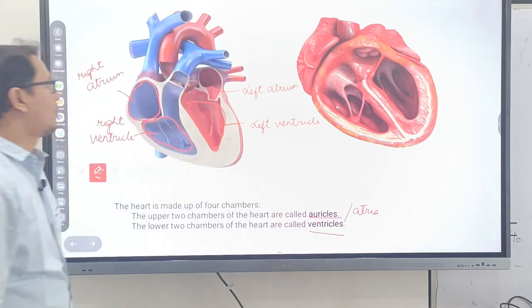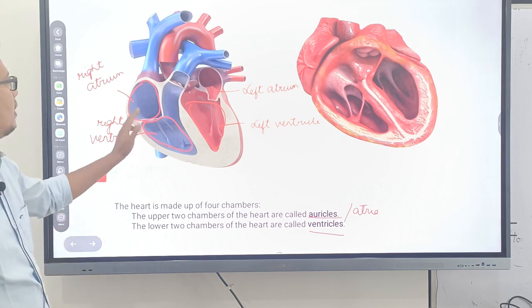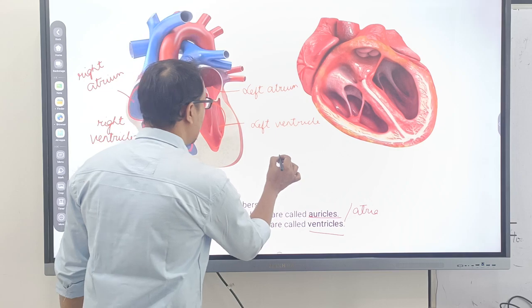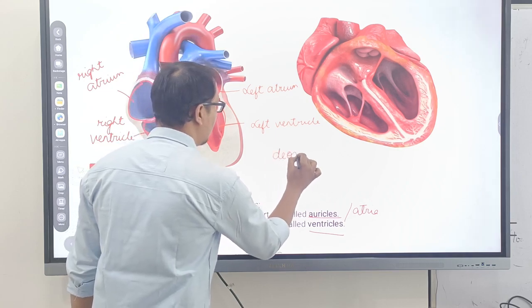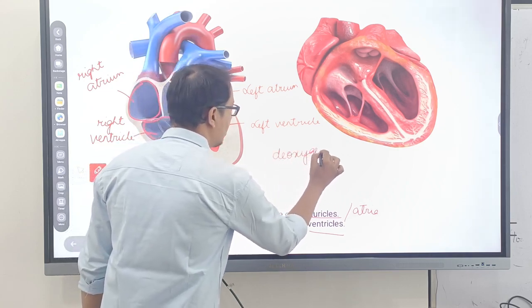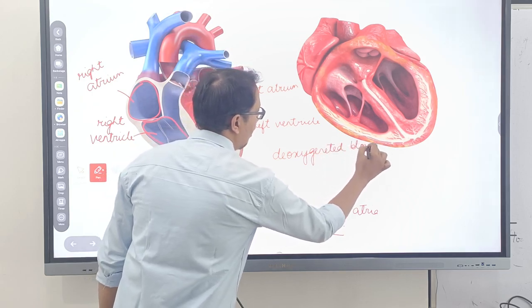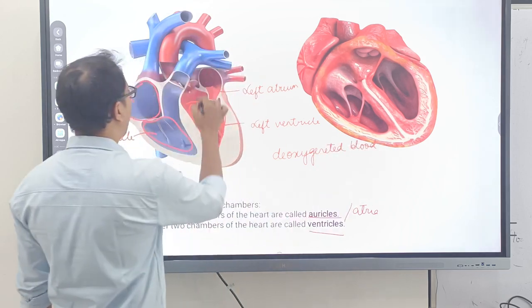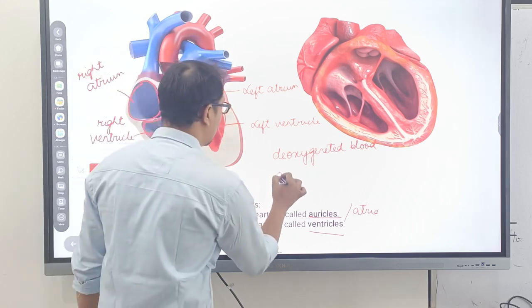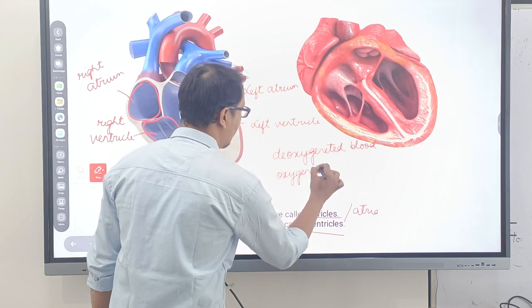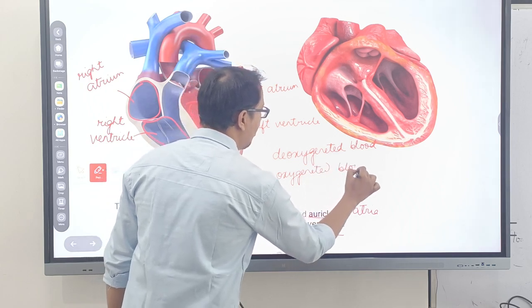Now there is a significance of the colors. Blue color shows deoxygenated blood. And the red color shows oxygenated blood. What is the meaning of deoxygenated?